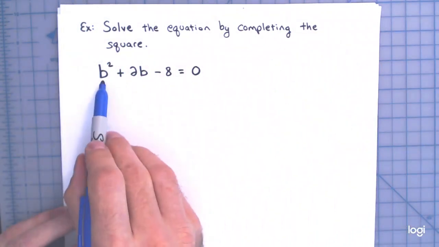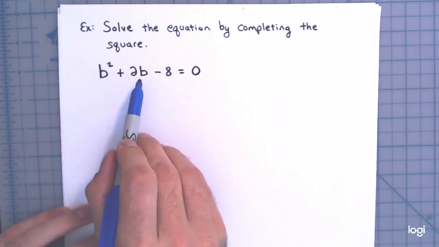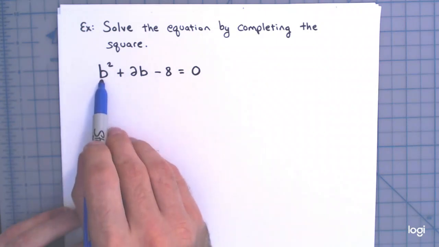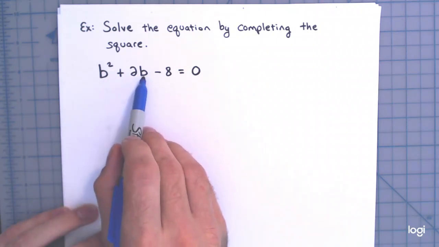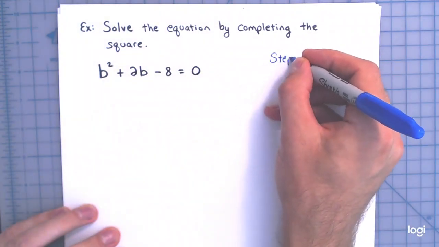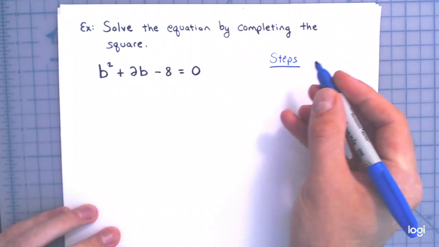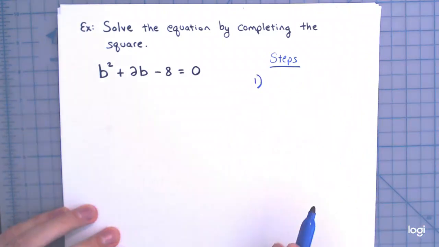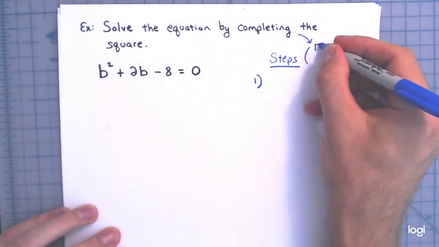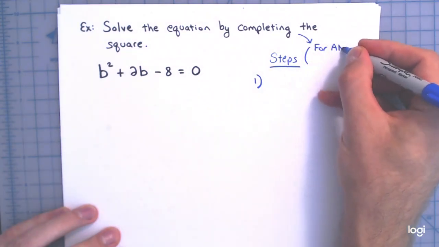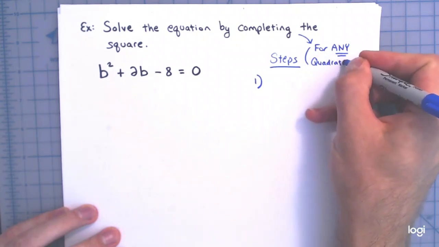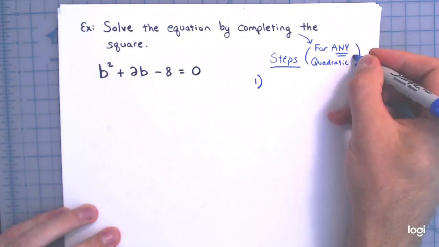Notice, it's not x this time. Maybe it'll be a bit confusing with this first one, but the variable this time is little b. So the steps for solving, and again, this completing the square method you can use for any quadratic equation, and that's huge.